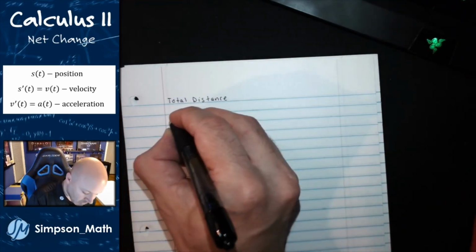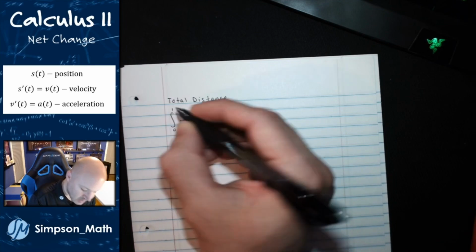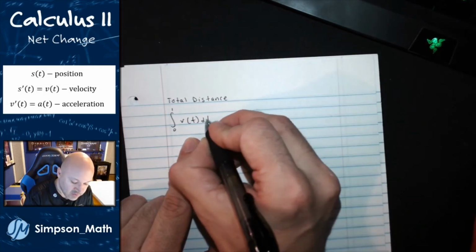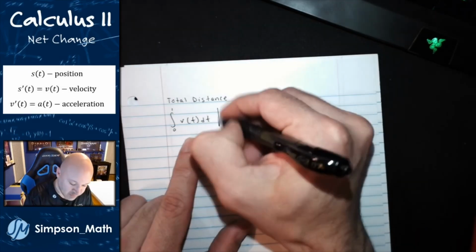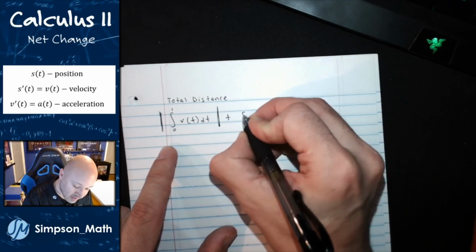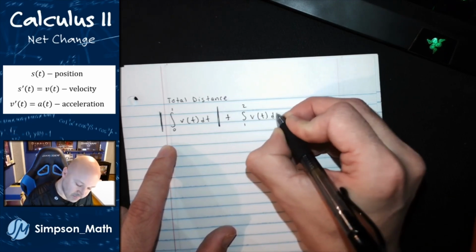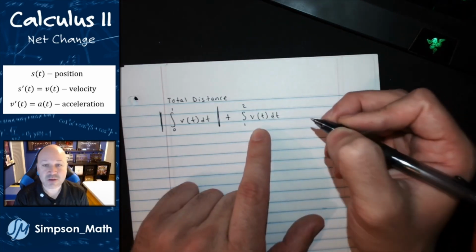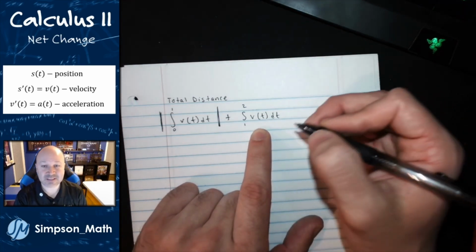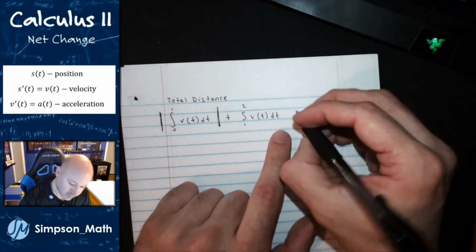So first let me set up what that would look like. I'm integrating the velocity function from 0 to 1. This is under the x-axis, so I need to absolute value bar that. To that, I'm going to add the integral from 1 to 2 of the velocity function. This I know is above the x-axis, so I don't have to worry about absoluting it.